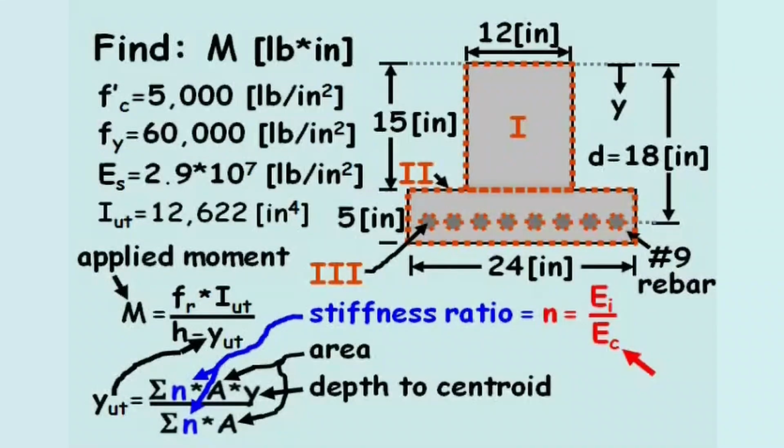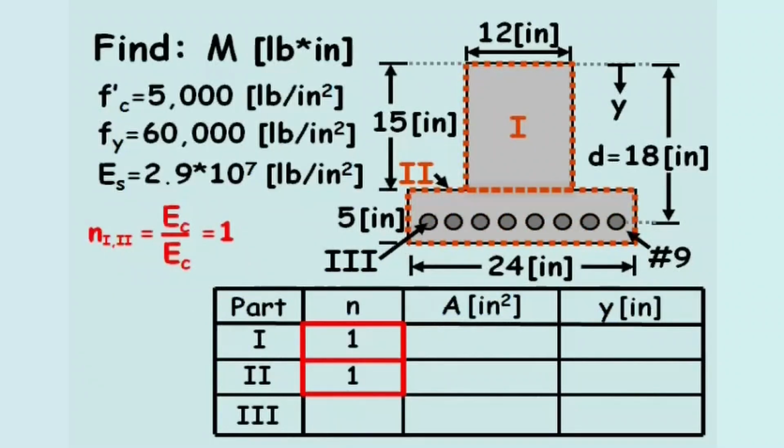This makes n for parts 1 and 2 equal to 1. N for part 3 equals the Young's modulus of steel divided by the Young's modulus of concrete. The problem statement provides the Young's modulus of steel as 2.9 times 10 to the 7th pounds per inch squared.